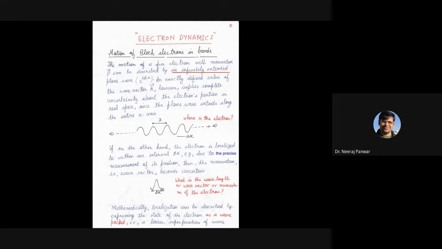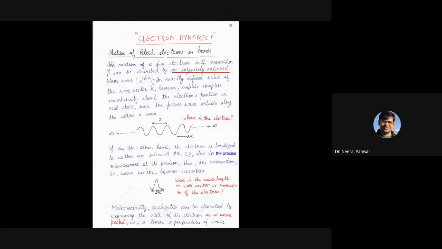The answer was that if we want to represent the electron by its wave nature, then its wave must be represented by a combination of several waves of slightly different lambda or k.